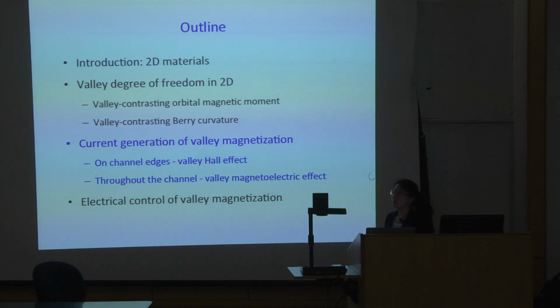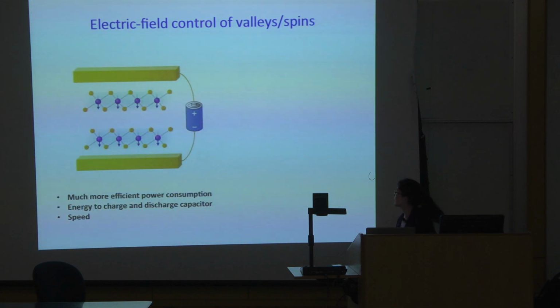But is there any way to control the valley magnetization without current, by pure electric field or voltage? And this is important because you can reduce power consumption, and you can speed up the device significantly. So this is the ideal structure we would like to have.